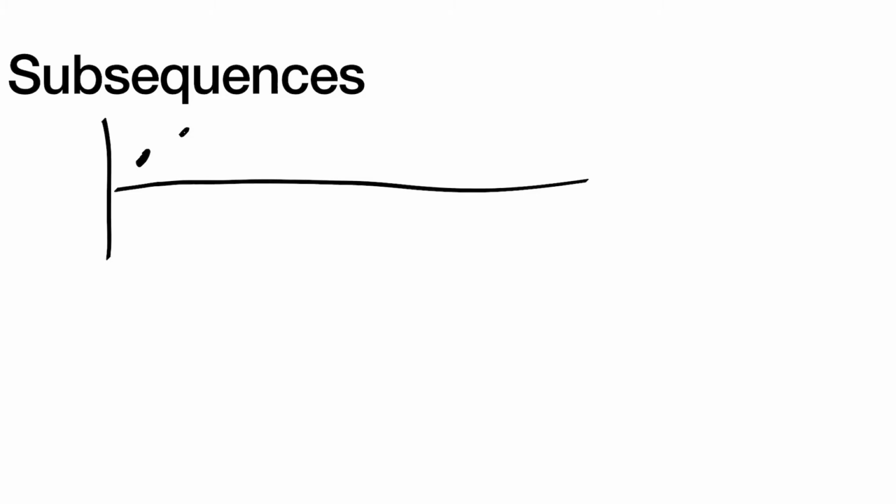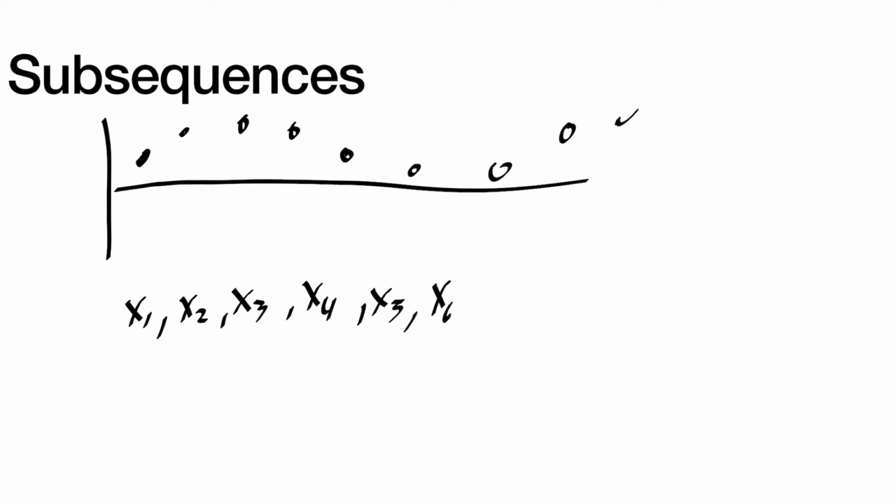So if our sequence looks something like this, where these values are x1, x2, x3, x4, x5, x6, then with a subsequence, all we do is take some collection of them. So maybe we'll grab that one and that one, maybe we'll skip a couple, and maybe we'll skip a couple.